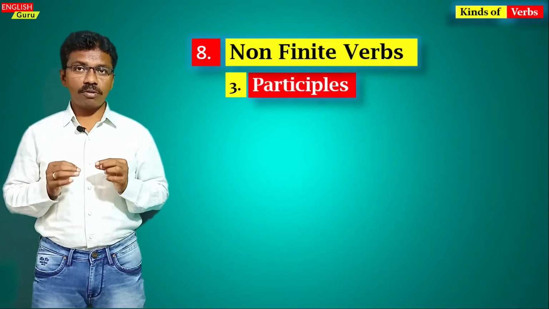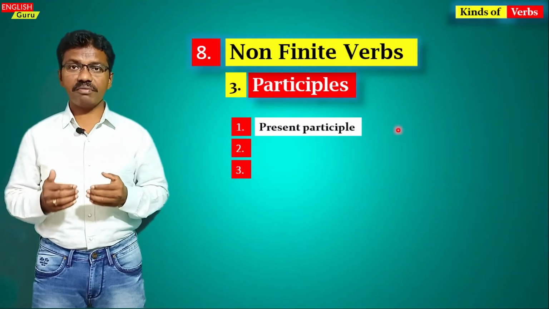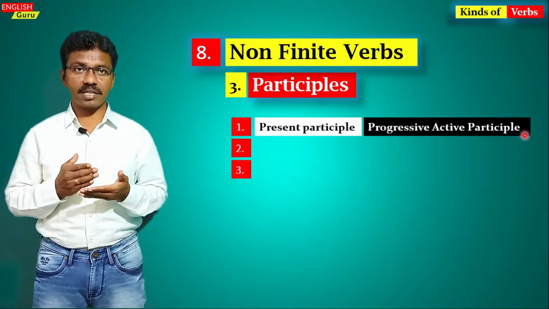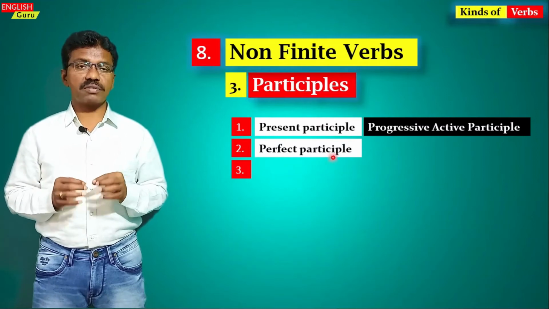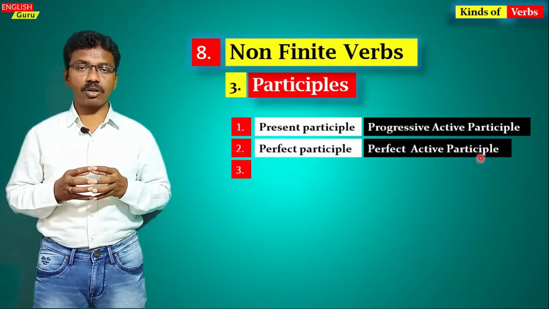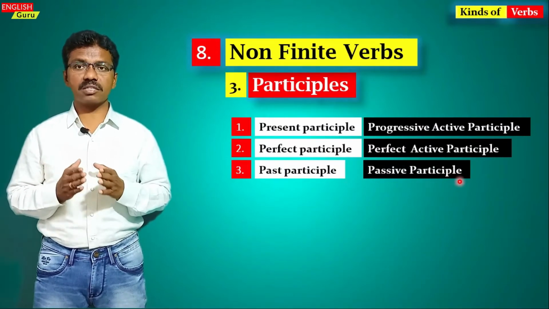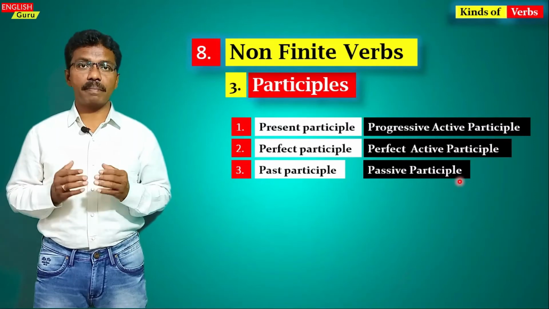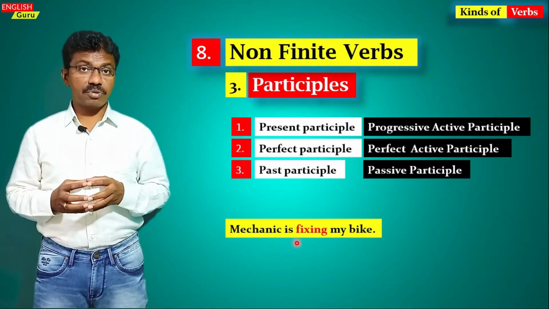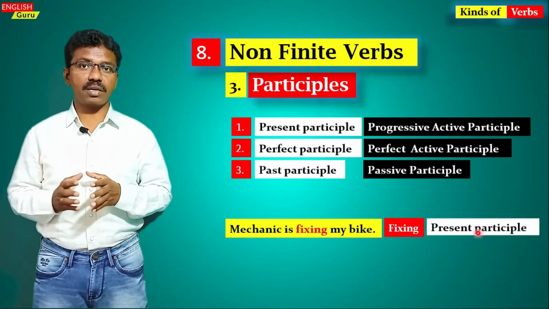And the third non-finite verbs are participles, and we find participles in three ways. The first one is the present participle, which we call the progressive active participle. The second one is the perfect participle, which we call the perfect active participle, and the third one is the past participle, which we call the passive participle. In examples, mechanic is fixing my bike.